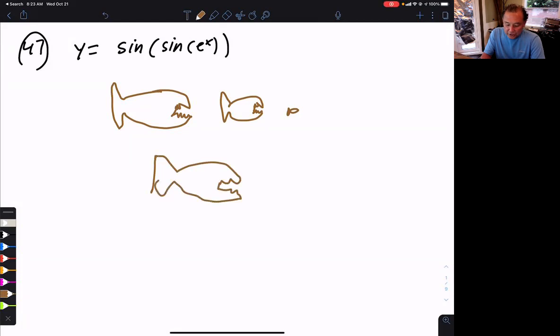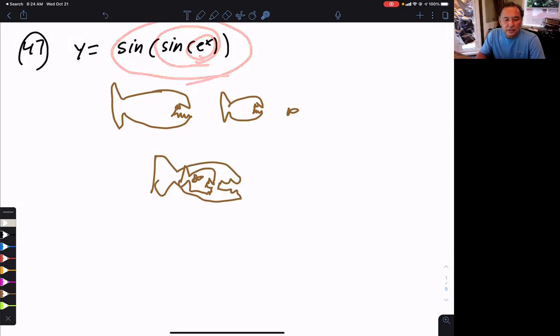You have big fishy, but inside of big fishy, you have medium fishy. But inside medium fishy, you have baby fishy. You have a fish and a fish and a fish. That's what you have here. Baby fish, medium fish, inside of big fish.